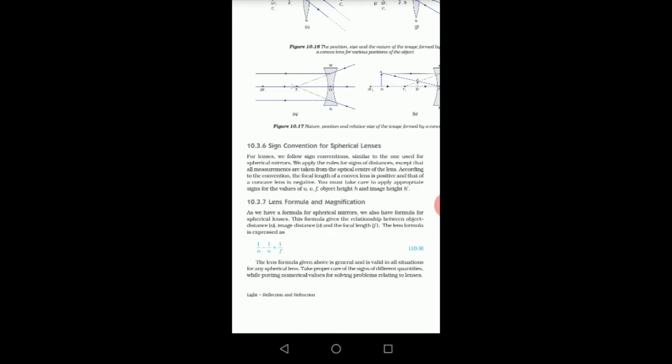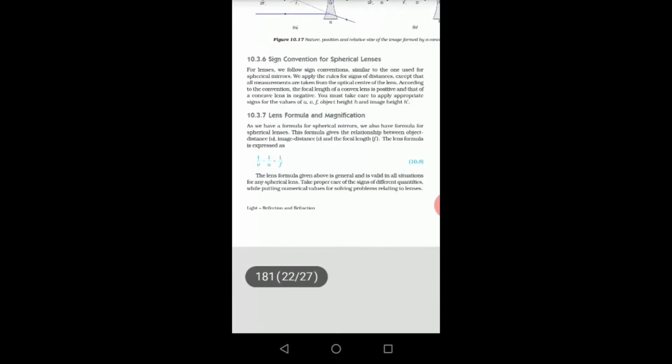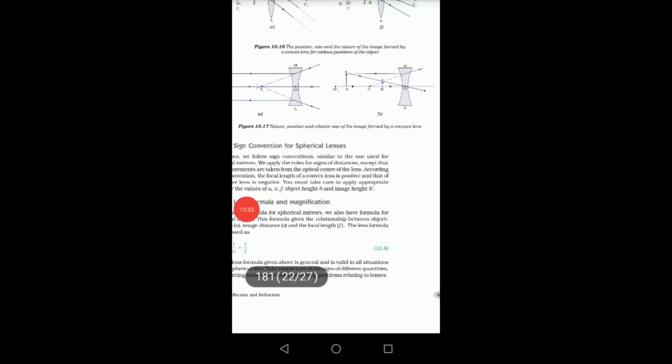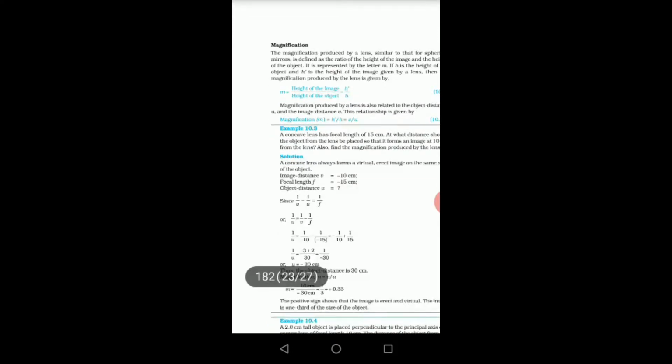Now the magnification. The magnification produced by lens, similar to that for a spherical mirror, is defined as the ratio of height of the image to the height of the object.